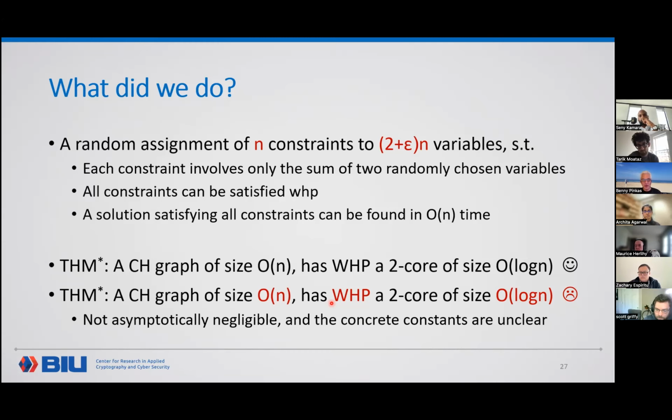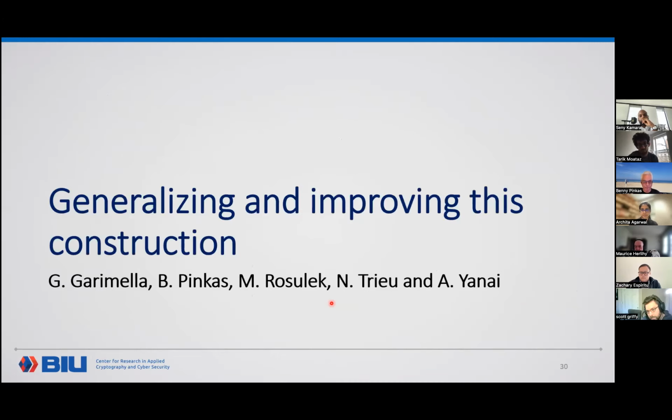And then I'm going to combine several of them and prove that the failure probability of the combined construction is as small as I need, like 2 to the minus 40, 2 to the minus 80, etc. So this is the approach that we took. This is new work from Crypto 21 with Garimella, Michael, Sulek, Nitu, and Avishai and I.